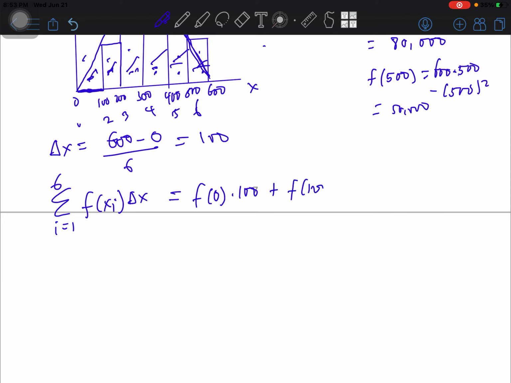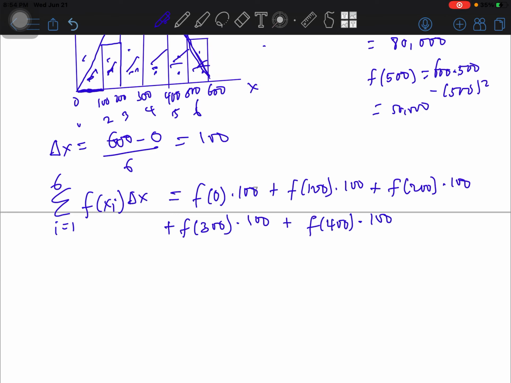Plus f of 100 multiplied by the interval 100, plus f of 200 multiplied by 100, plus f of 300 multiplied by 100, plus f of 400 multiplied by 100, plus f of 500 multiplied by the interval 100.